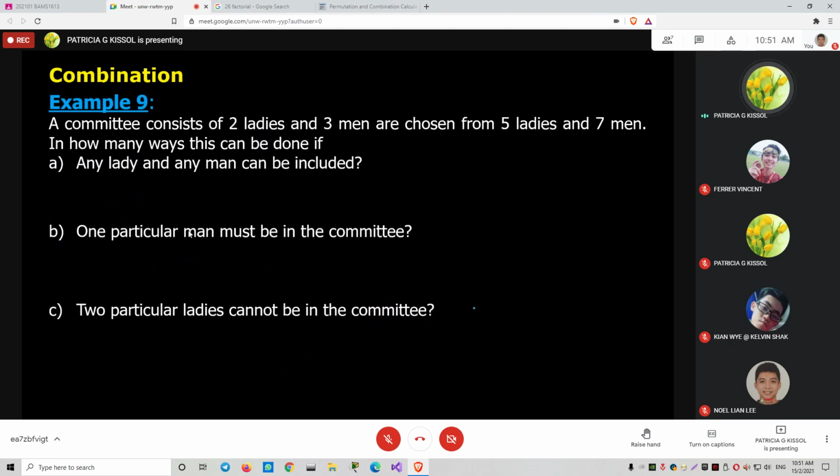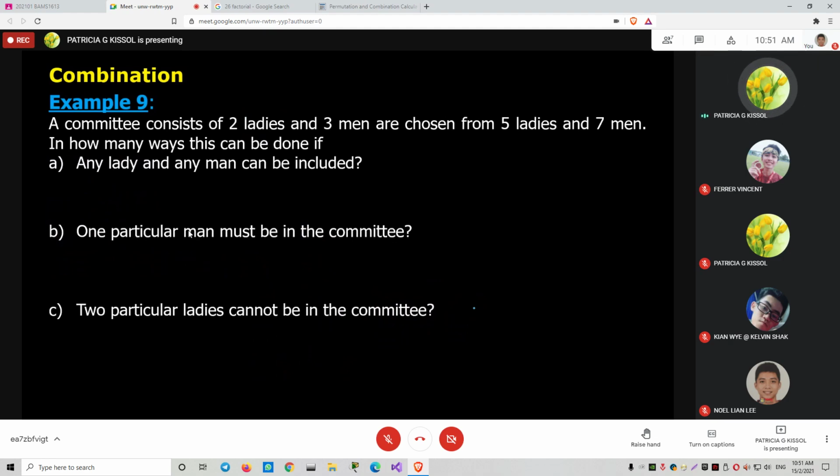So continuing on, we still have about 9 more minutes. Look at the combination example here. Say I have a committee. I want to choose 2 ladies and 3 men from 5 ladies and 7 men.